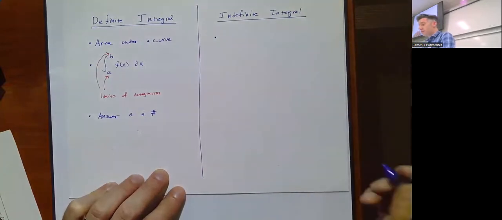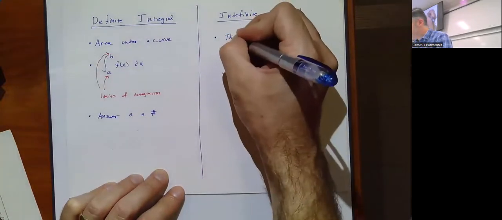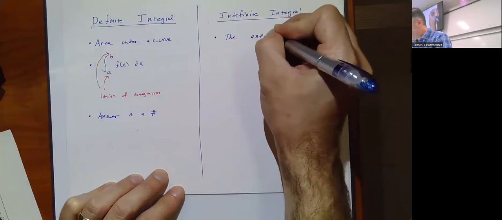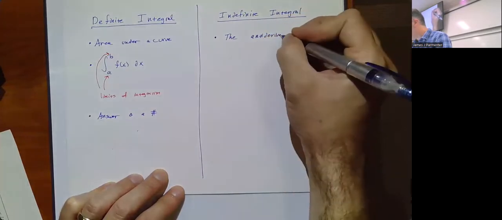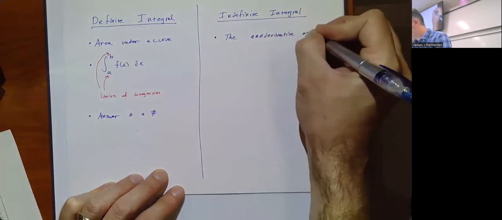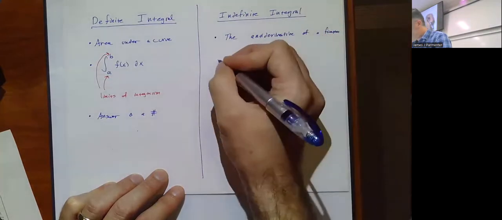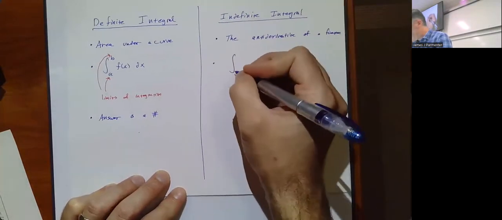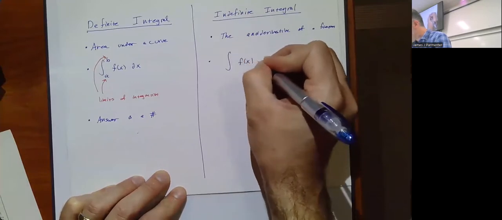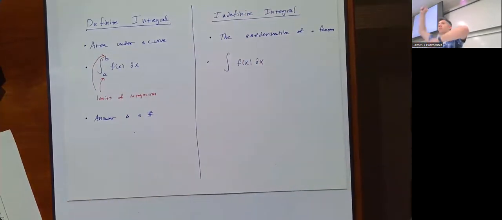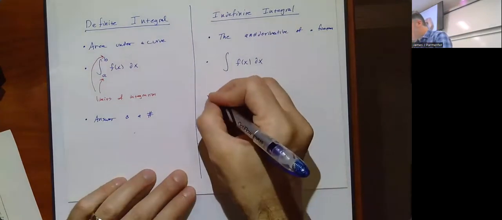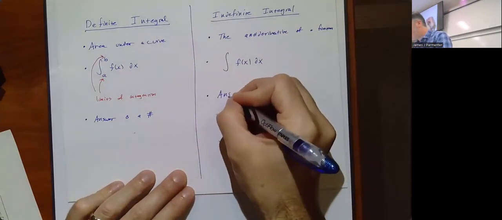Also known as the antiderivative. Derivative of a function. It looks like the integral of f of x dx. There are no upper and lower limits of integration, and specifically, the answer is not a number.